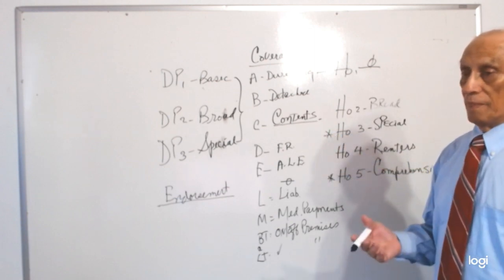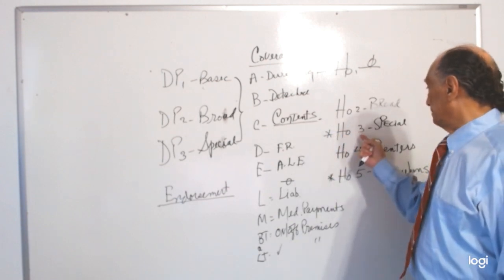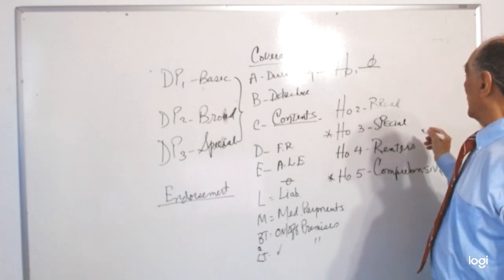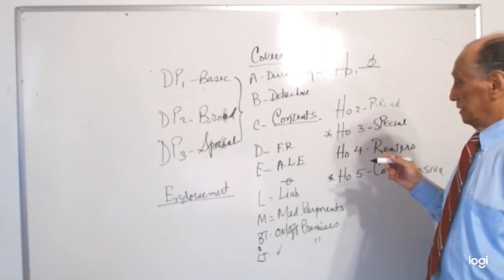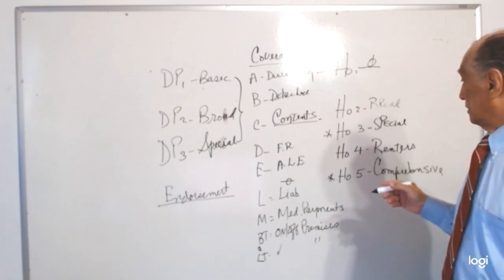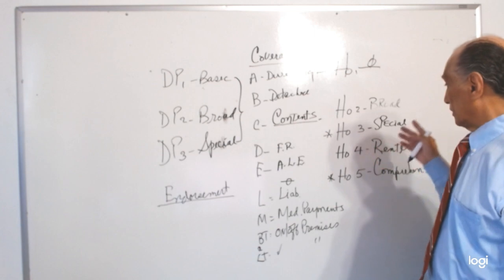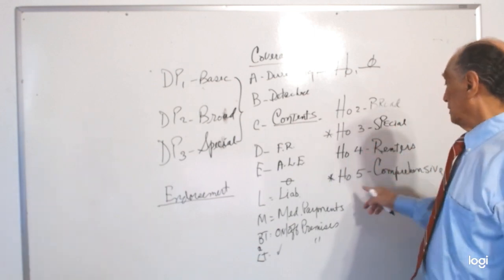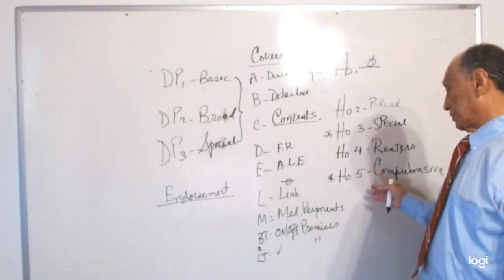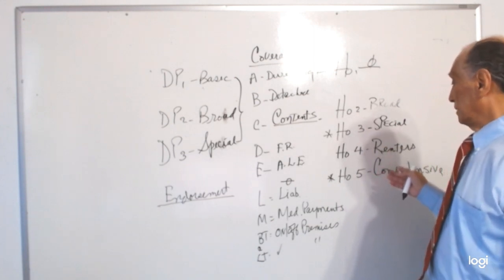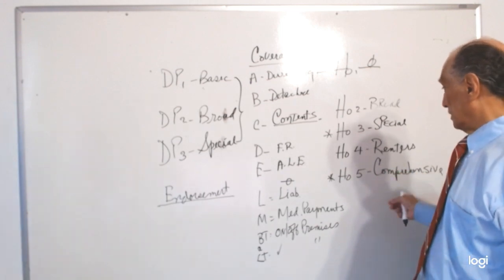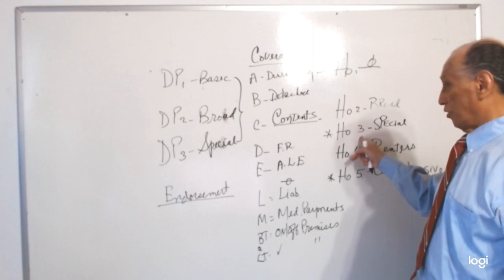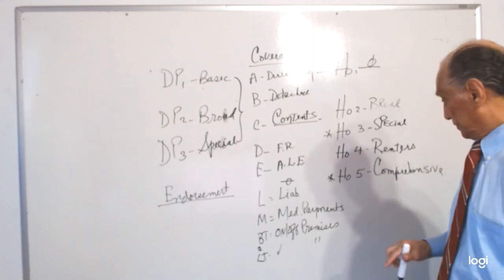I know everyone likes to sell HO3, but in HO3 you'll learn that you have all risk only for dwelling and detached structures. In HO5 you have all risk for dwelling, detached structures and contents. HO3 doesn't offer all risk on contents, it offers only the broad form or the named perils.